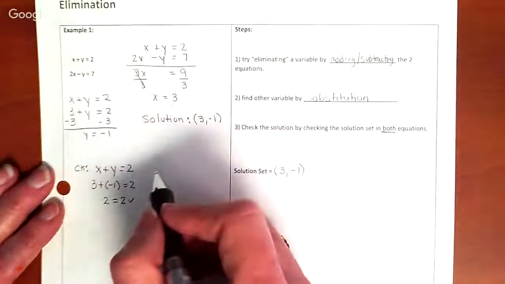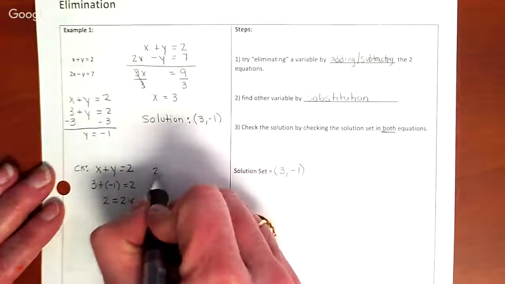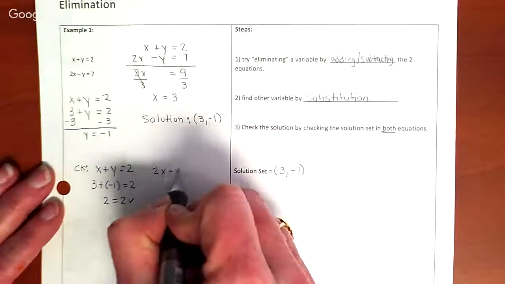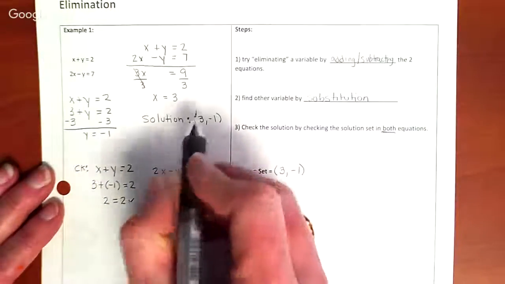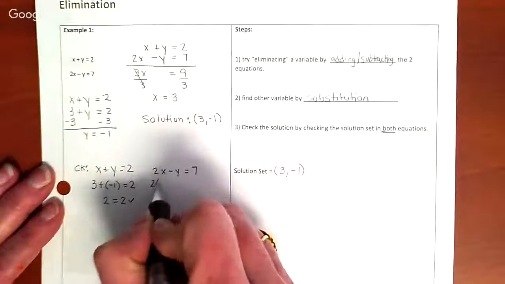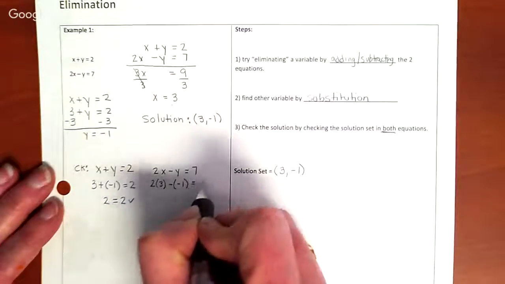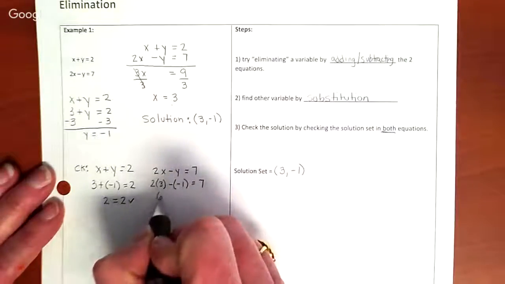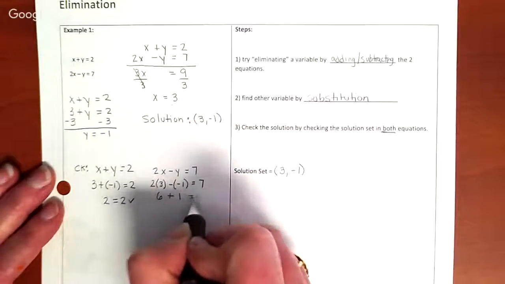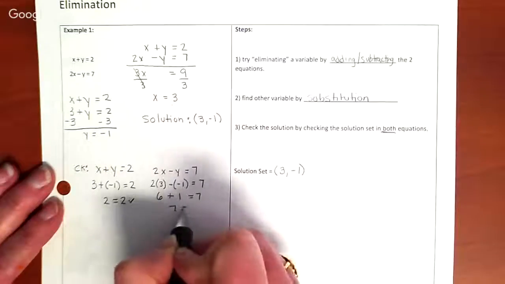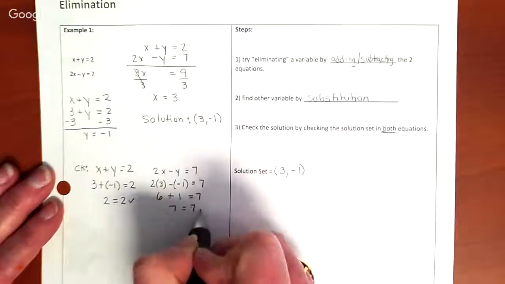My other equation is 2x minus y equaling 7. So 2 times 3 minus -1 equals 7. So 6 plus 1 equals 7. 7 equals 7, and it checks.